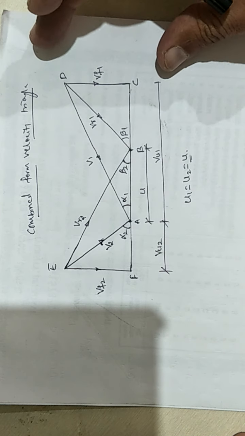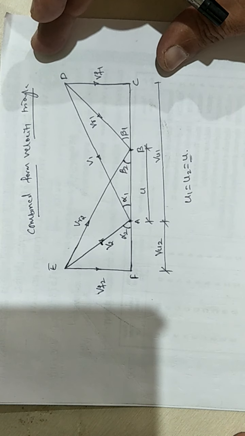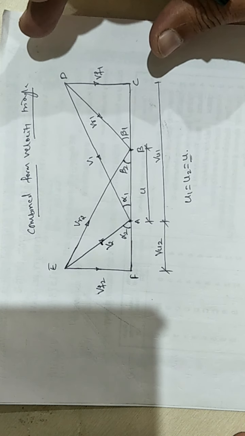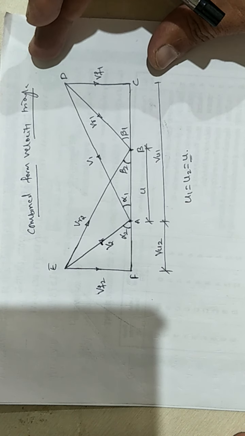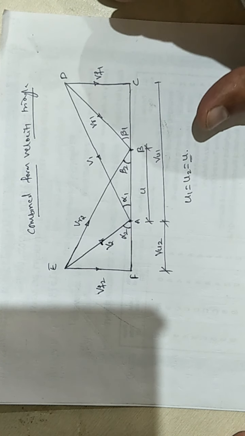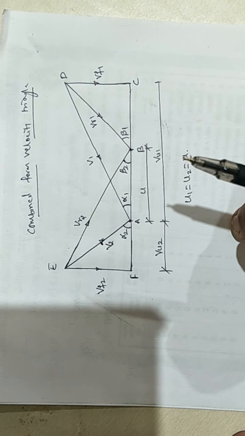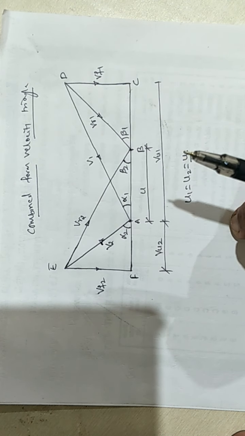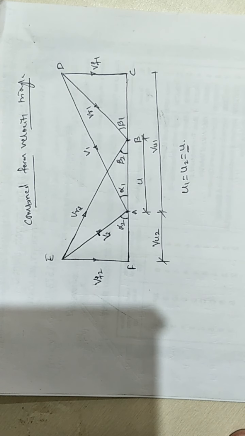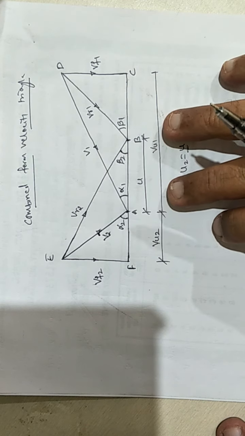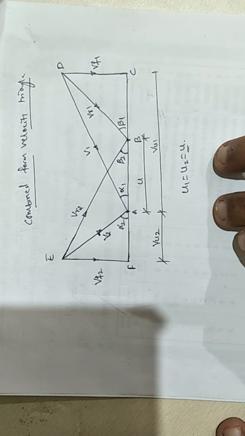This velocity triangle is only for our reference. First you have to draw this rough velocity triangle, then we will proceed with the solution, so that we can build trigonometric ratios and formulas as well as geometric relations.